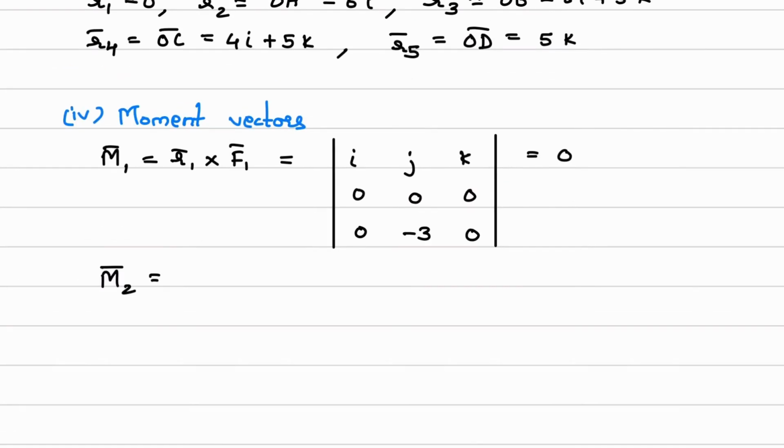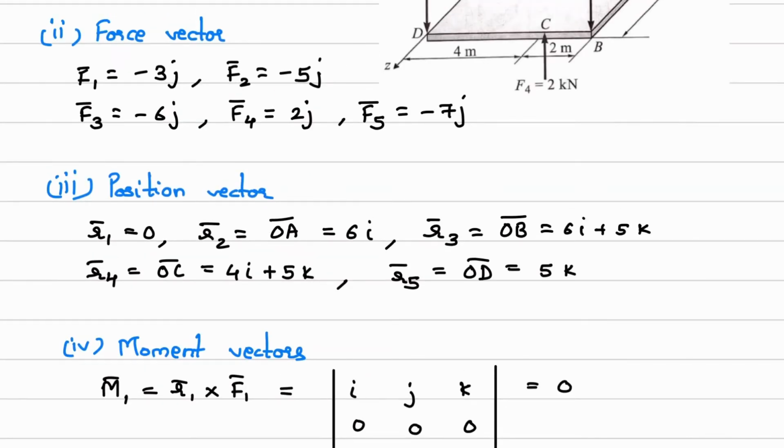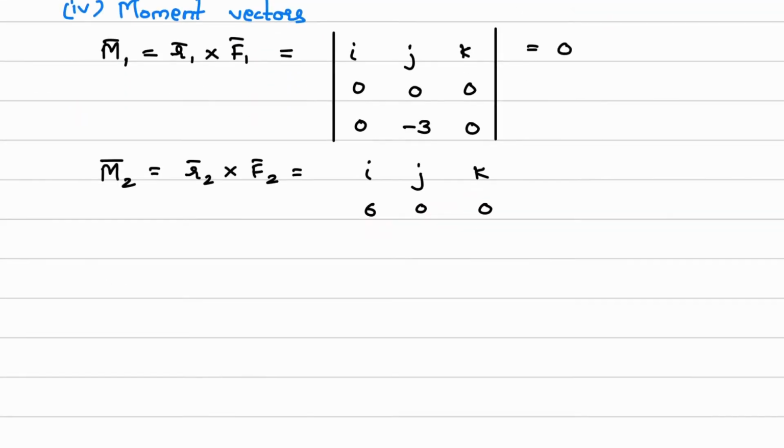M2 moment vector, this will be position vector into force vector. Position vector is 6i, so 6 0 0, and force vector is minus 5j, 0 minus 5 and 0. You can solve this, you will get minus 30k.